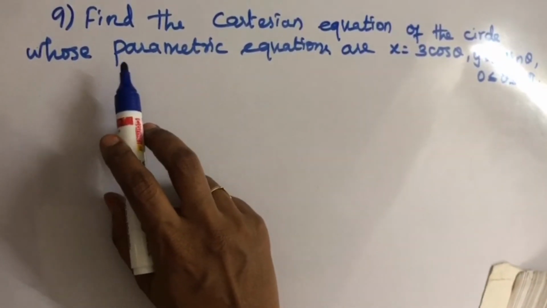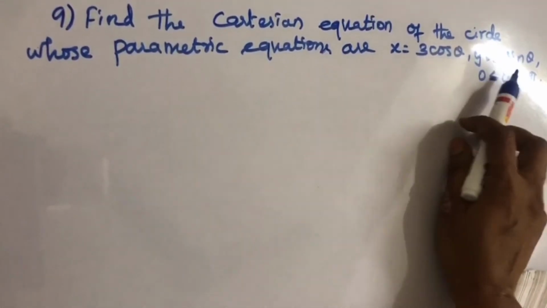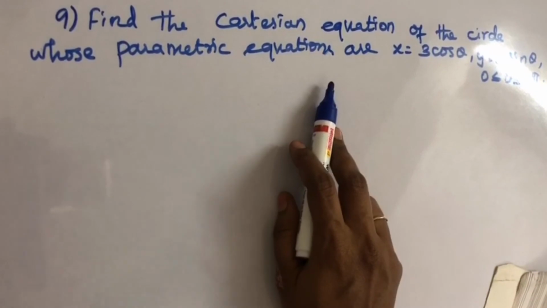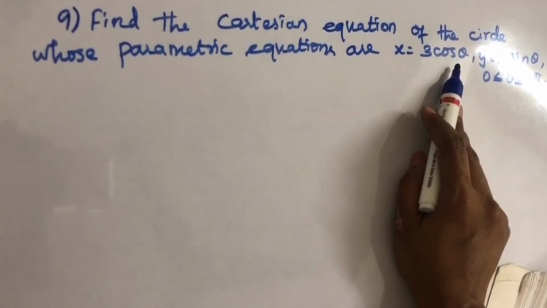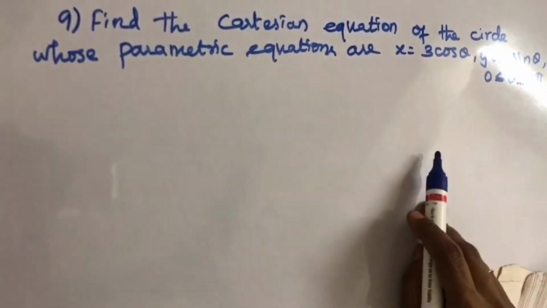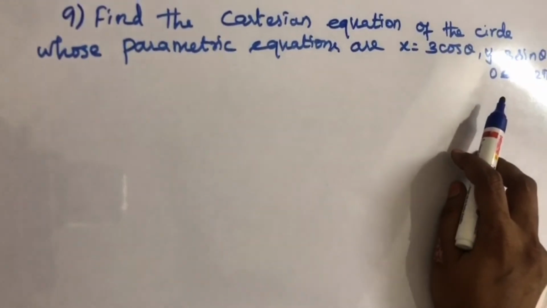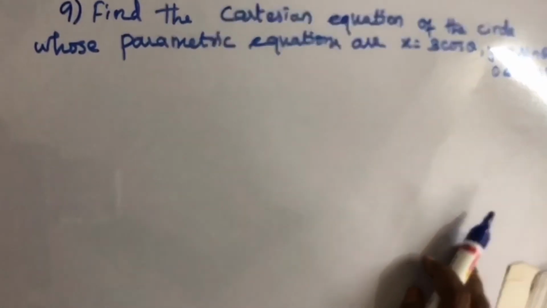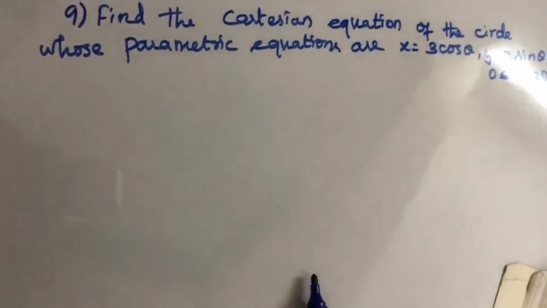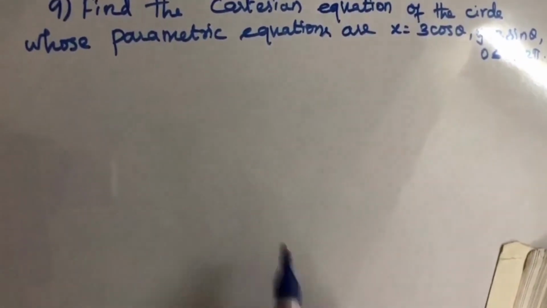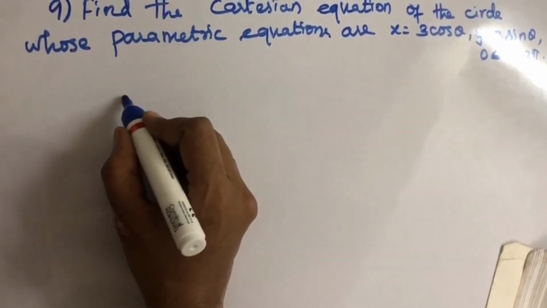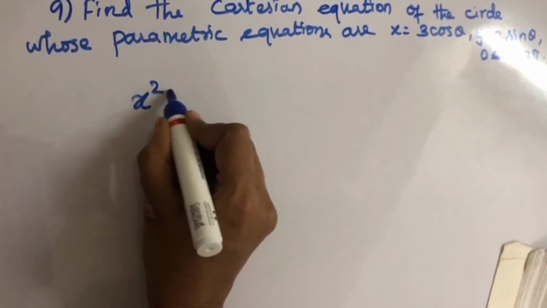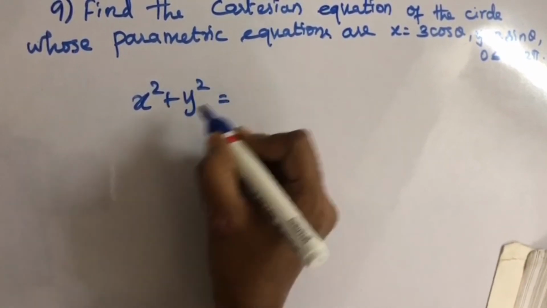Ninth one, find the Cartesian equation of the circle whose parametric equations are x is equal to 3 cos theta, y is equal to 3 sin theta, where theta ranges over 0 to 2 pi. Now we have to find the Cartesian equation of the circle. So x square plus y square. What is our x?